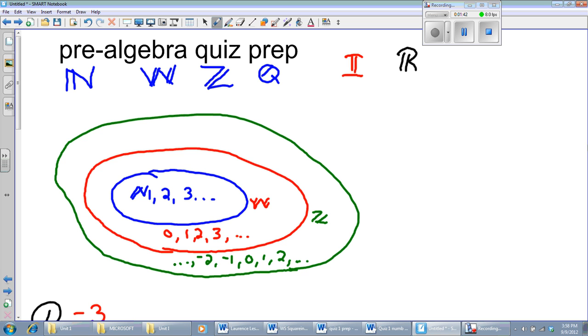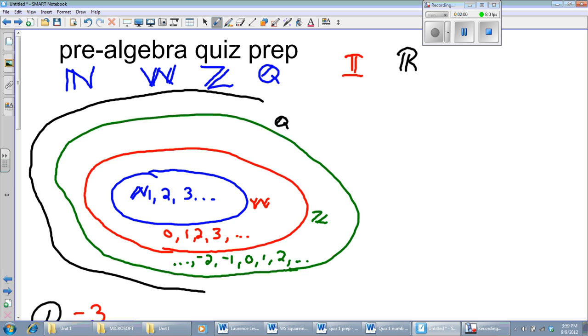The fractions and decimals show up in what we call the rational numbers. Those are all decimals that end, decimals that repeat, and all fractions.